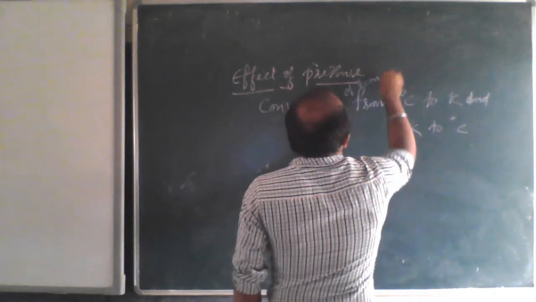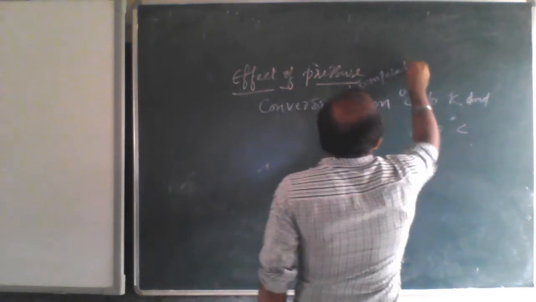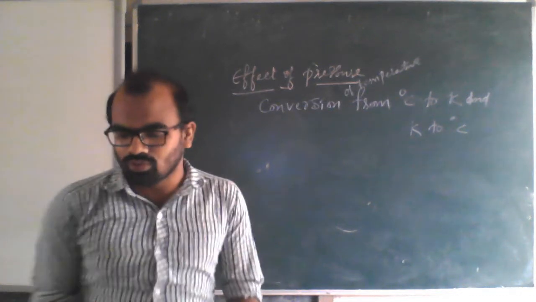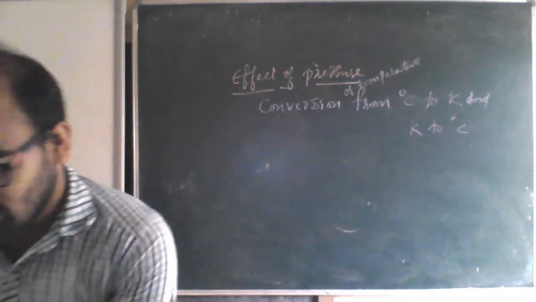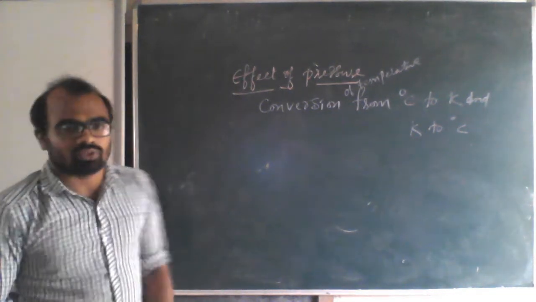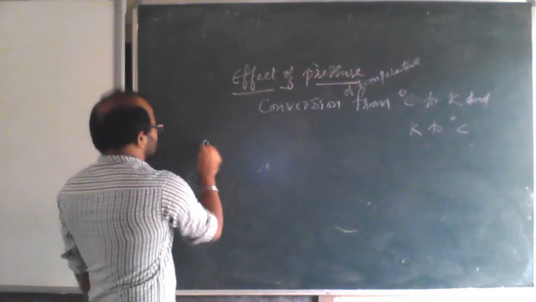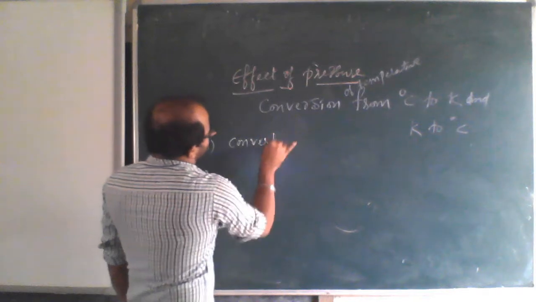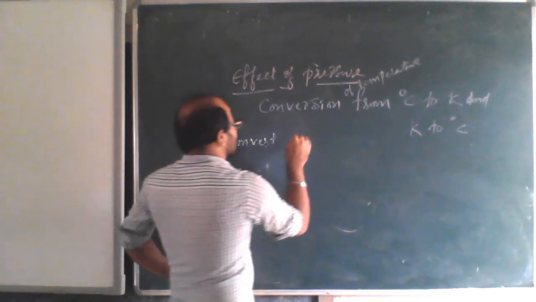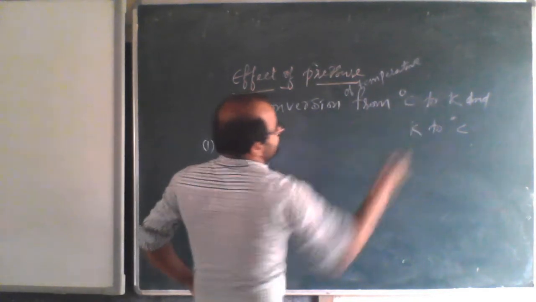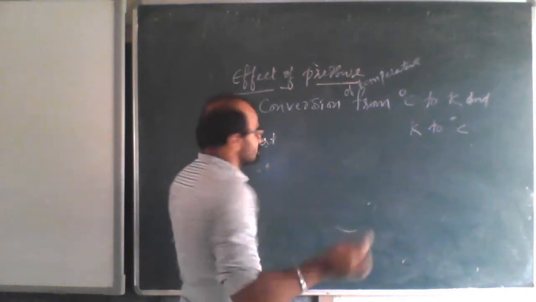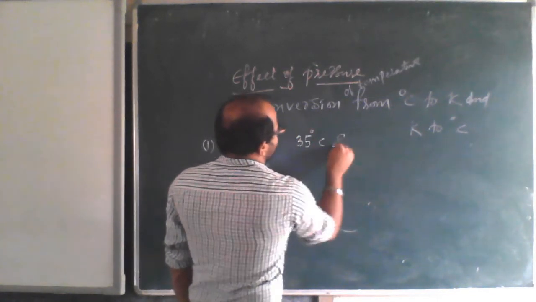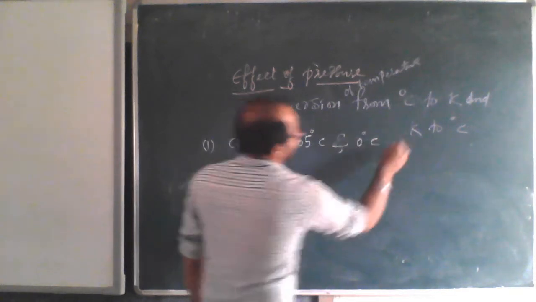Temperature you already know, I just need to convert the temperature. So I will give you an example. First we will convert degree Celsius to Kelvin. Convert 35 degree Celsius and 0 degree Celsius to Kelvin.